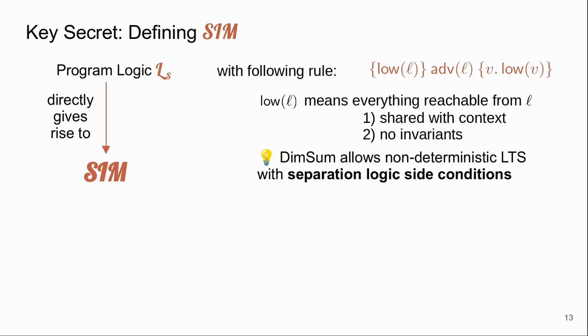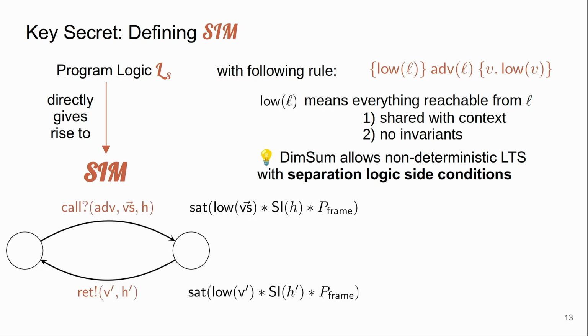This also means that you need to give up the knowledge of what value was stored at this location. Now DimSum allows us to define non-deterministic label transition systems with separation logic side conditions. This means we can take the pre and post conditions of the Hoare triple and place them as a side condition on the stepping relation. The simulator then looks like this. It accepts any incoming call event as long as this separation logic side condition is satisfiable.